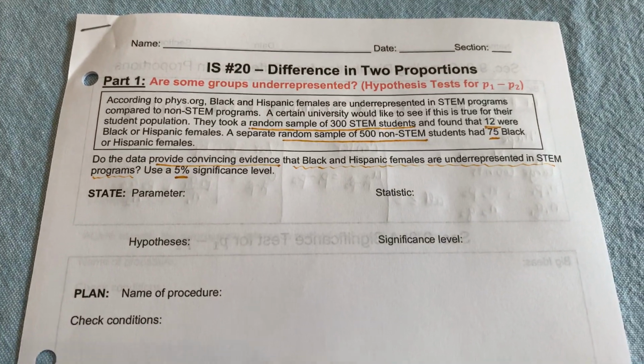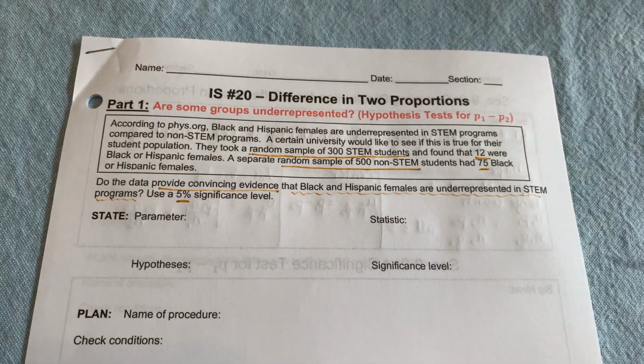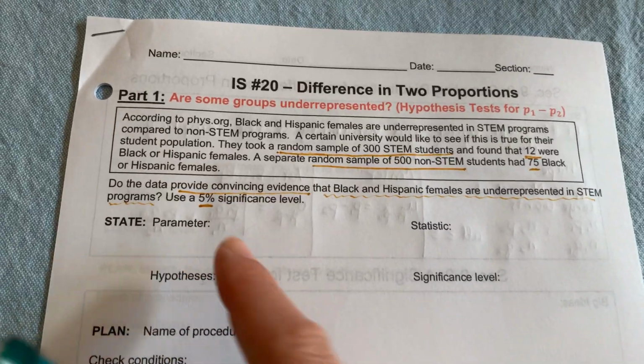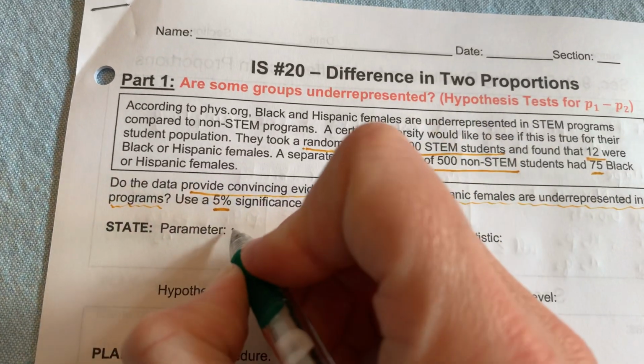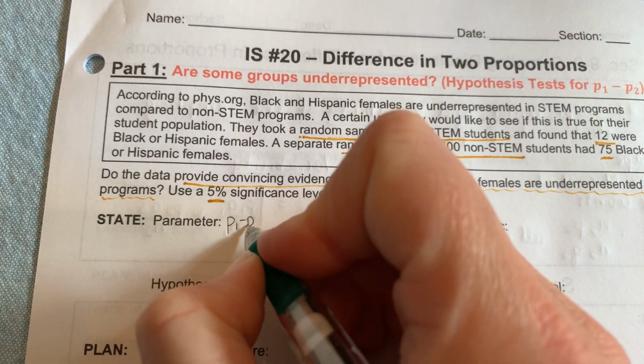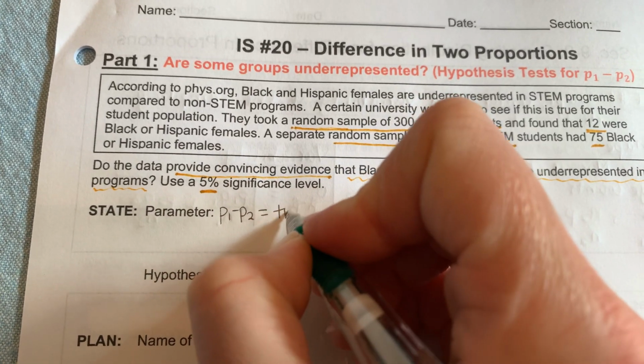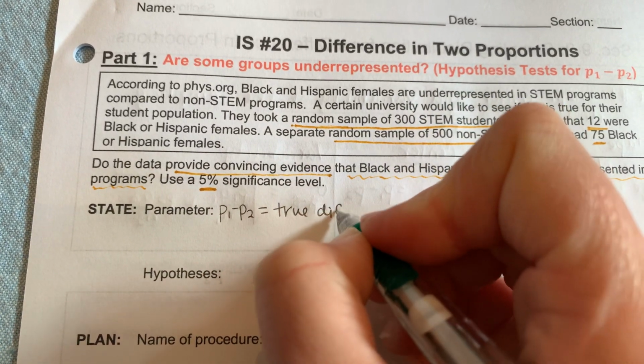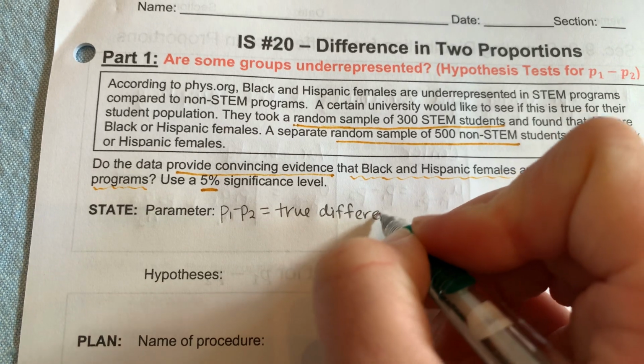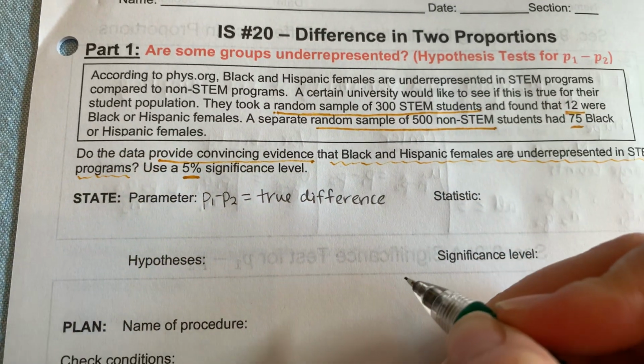Okay, so back to the hypothesis test. We start by stating our parameter. So that is the P1 minus P2. And it will always be equal to a true difference. But then the context depends on the next part.